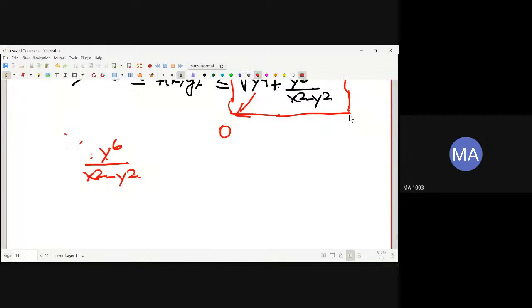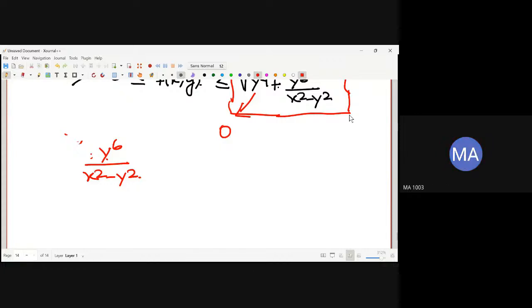So now what I want to do, I want to compute the limit of this function. How can I do that? Any idea? How can I find the limit of this one? Taking y square common.